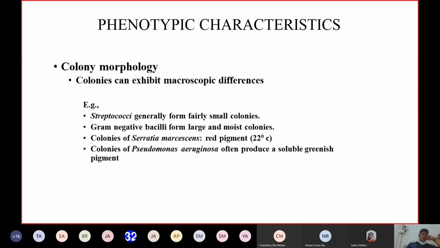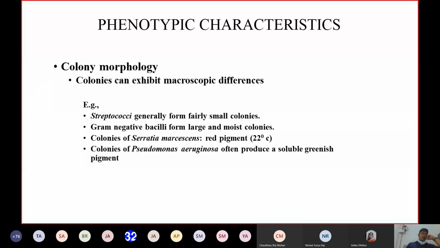We'll see the picture of the colony later. And colonies are specific for specific organism. Some colonies are very much elevated, some are flat, some are depressed inside. Some colonies look very rough, some look very mucoid, some look moist. Some colonies will give the color, that property of individual bacteria. So colonies are specific to specific organism.